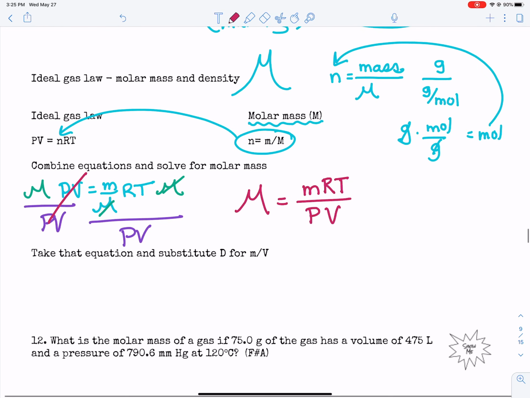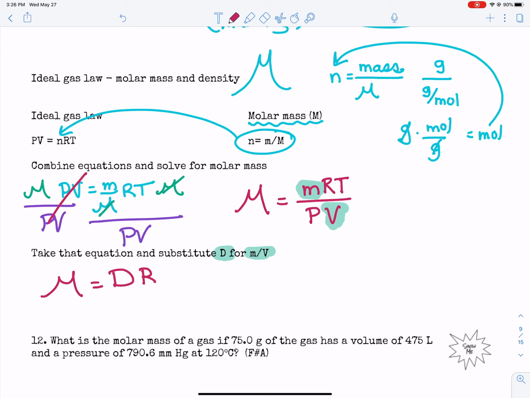But one interesting thing that comes out here is that we have mass in the numerator and volume in the denominator. And mass per volume, you know what that is? Density. So I'm going to retake that formula. Molar mass is equal, and instead of the M and the V, I'm going to substitute a capital D for density.